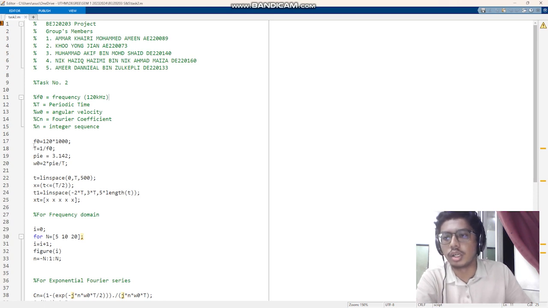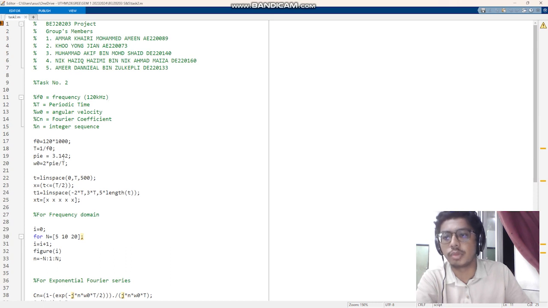So F0 is 120 times 1000, which is the same as 120 kHz. We're going to put it in this way. So T is 1 divided by F0.